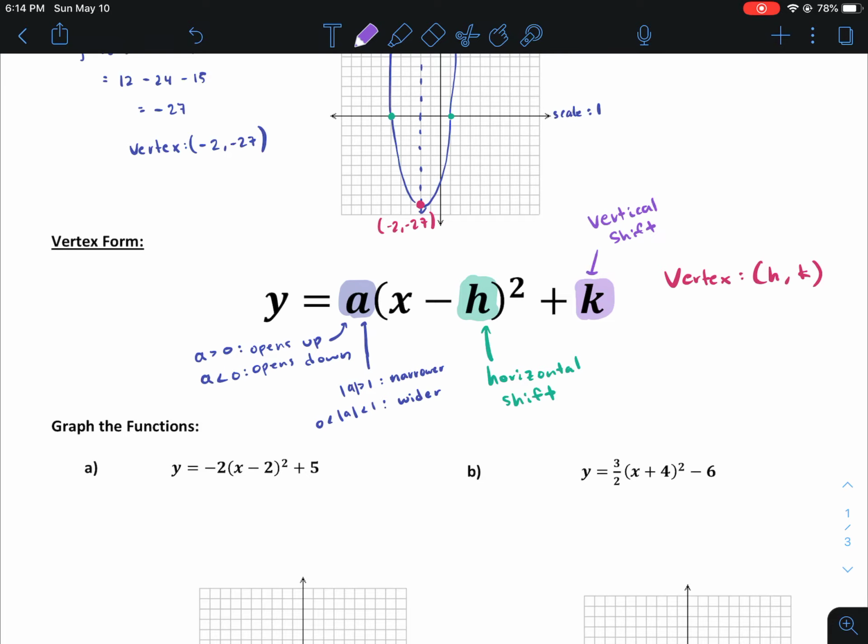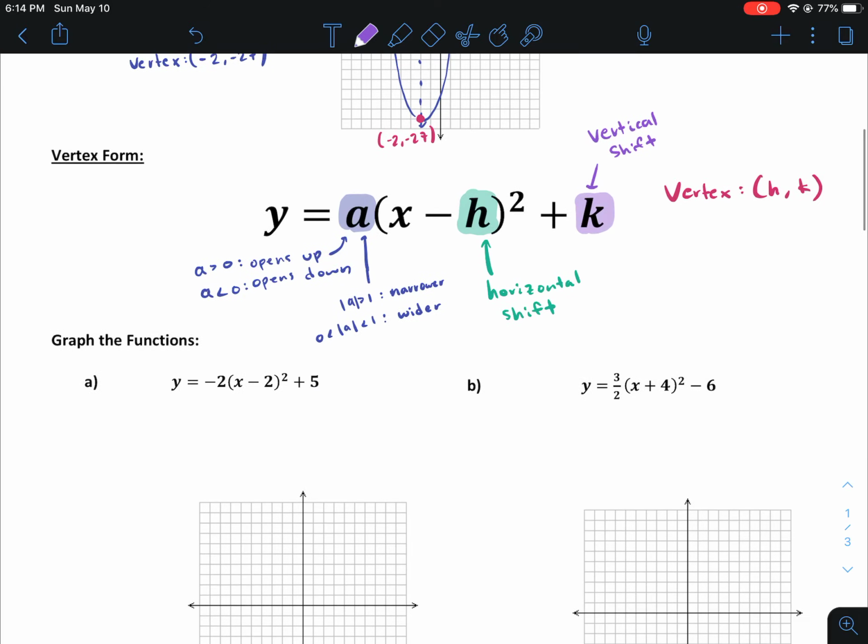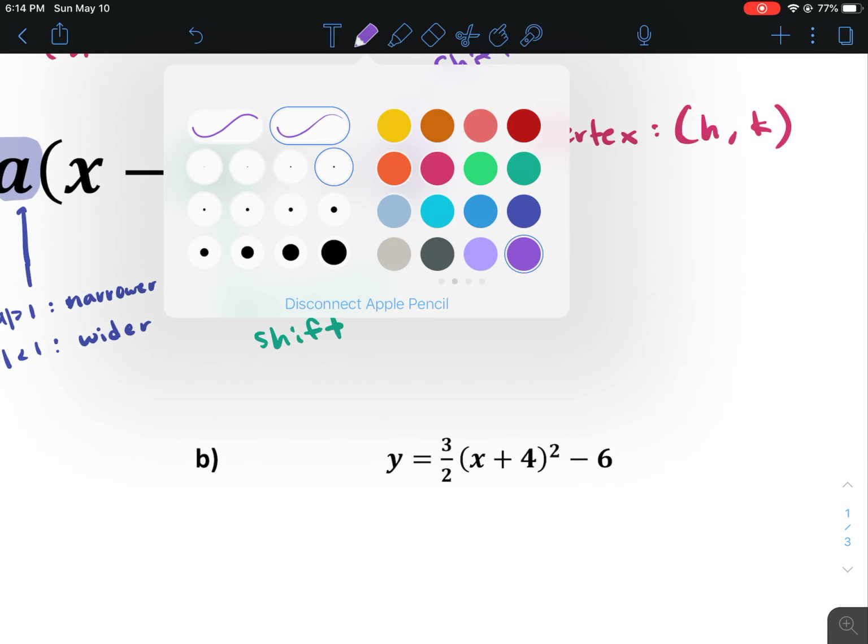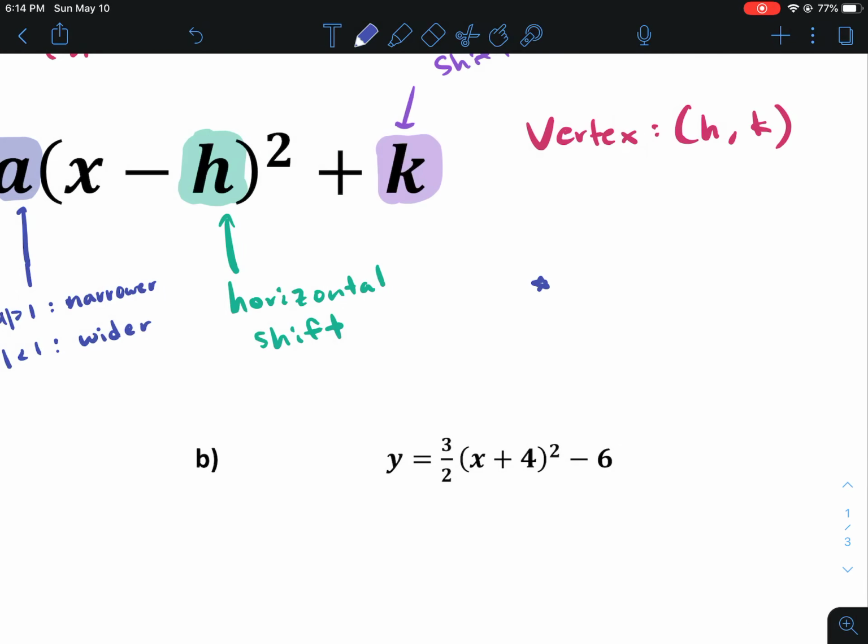And when I say shift, I'm talking about in relation to our parent graph, okay? And so it's important to say it here, so I'm a little all over the place, but our parent graph is y equals x squared, okay?